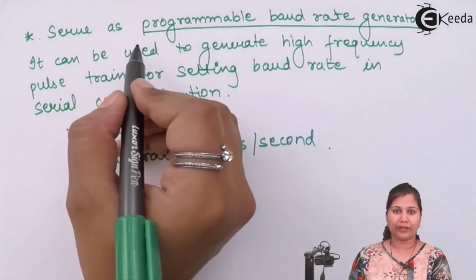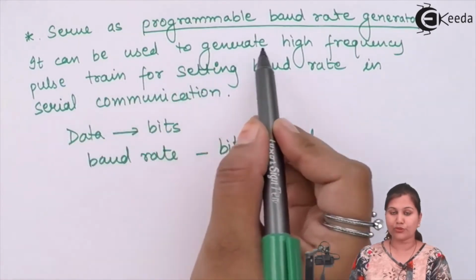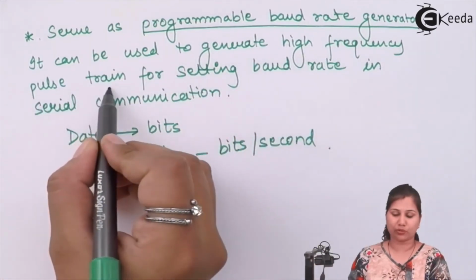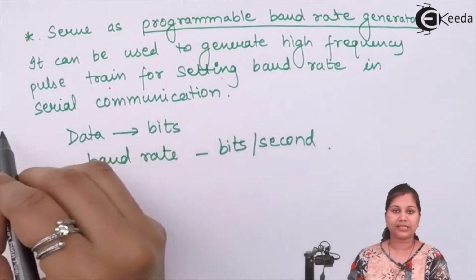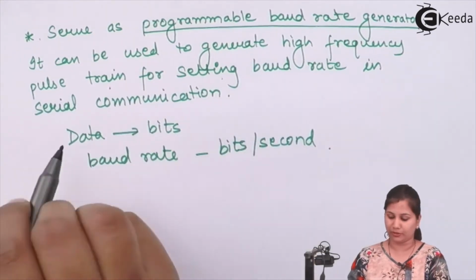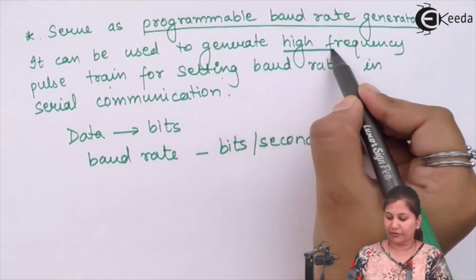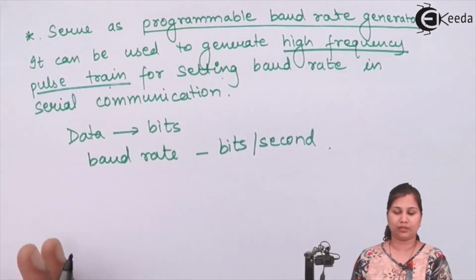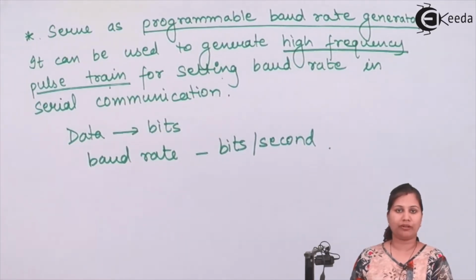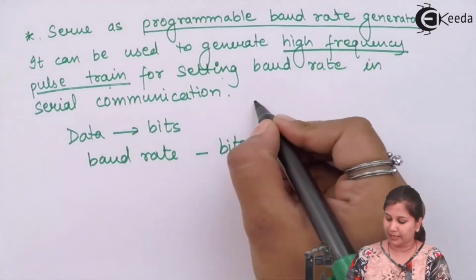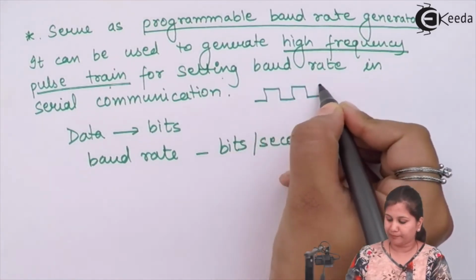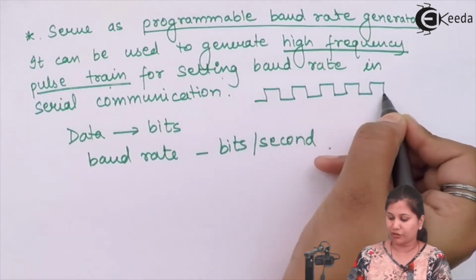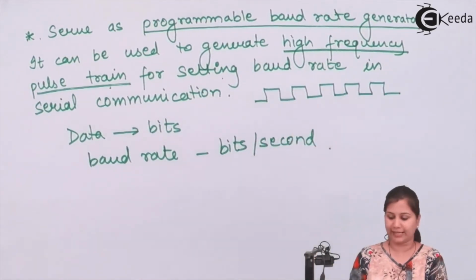So this 8253 IC can be used to generate a high frequency pulse train for setting the baud rate in serial communication. Because it generates a pulse every time the count becomes 0, if we want to generate a pulse train with a specific frequency, we can generate such pulses through this 8253 IC.